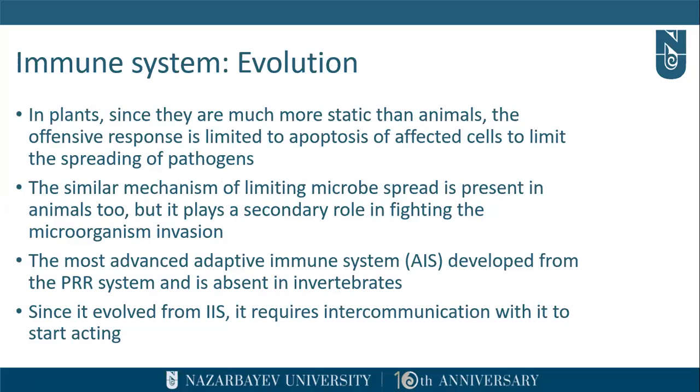Once a cell of the plant is infected with bacteria or a virus, programmed cell death drives the cell to go through apoptosis. The signal comes intrinsically from the cell itself. Also, plants don't have the PRR system, pattern recognition receptors, but vertebrates have them.